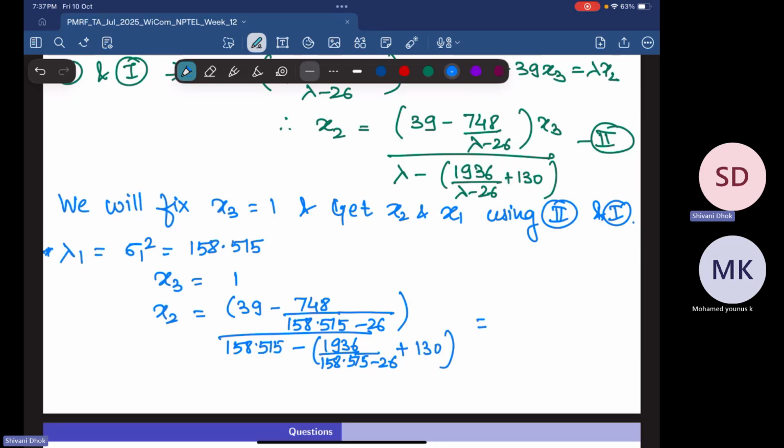When I simplify this, x2 comes out to be equal to 3.2106.